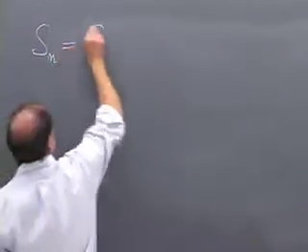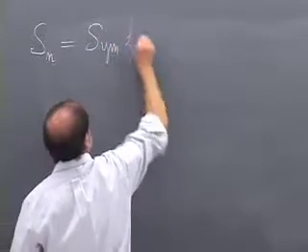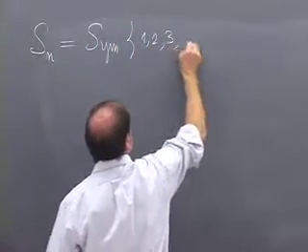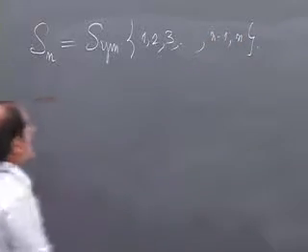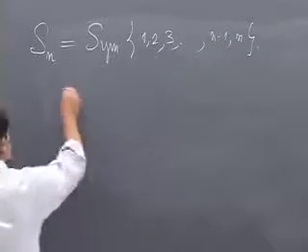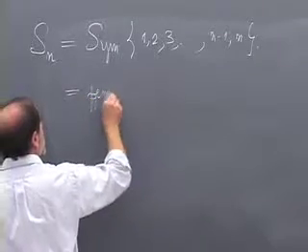So here's a nice group called Sn, which is the symmetry group of the set 1, 2, 3, up to n minus 1, n. A finite set of n elements. It's sometimes called the permutation group on n letters.